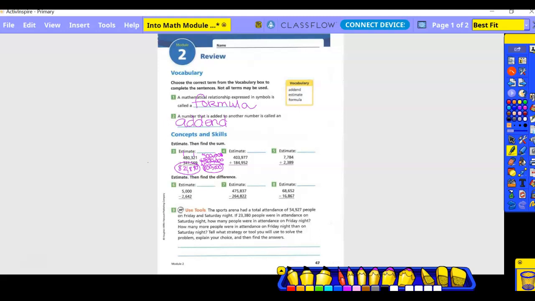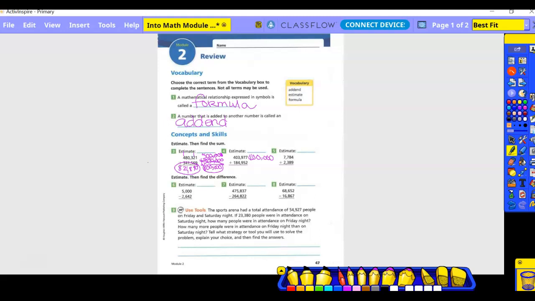Okay. 403,977. Is that closer to 400,000 or 500,000? 400,000. I look at the number to the right and it's 0. So that means I'm going to stay the same. So 400,000. Then I have 184,952.